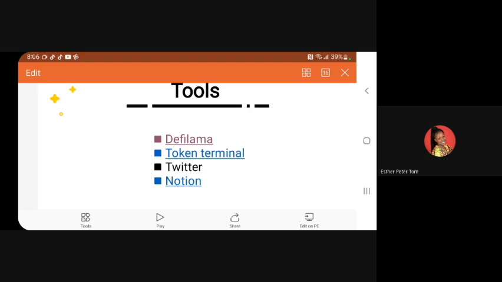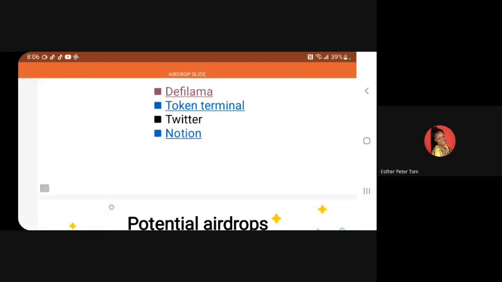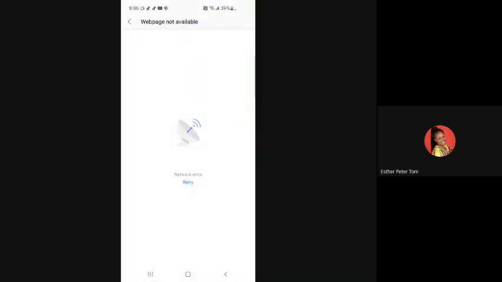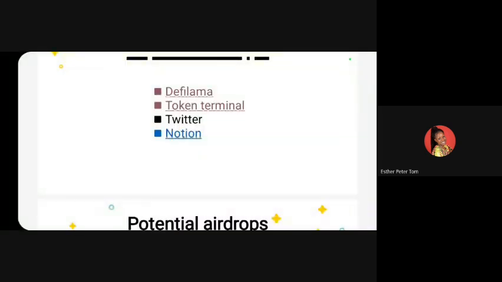And Token Terminal, I use Token Terminal because it lists projects before their coins launch. How do I mean? They have a tab. Let me see if I can go. Okay, I need to turn on my VPN. So this is tokenterminal.com for those interested.